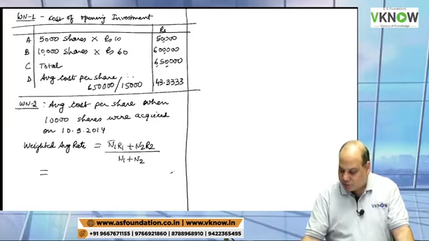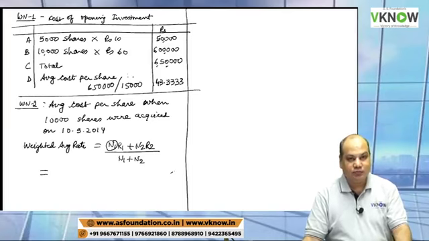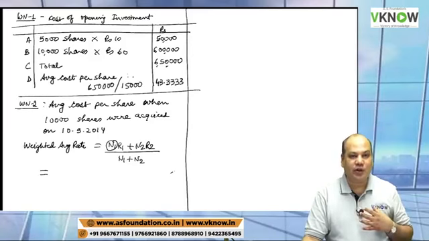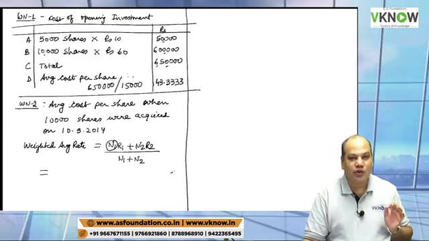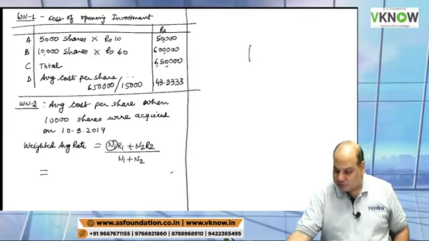What is the meaning of N1 here? Number of shares held before the new purchase was made. So how many shares are you holding before the new purchase was made? You have 15,000 shares here, opening balance.